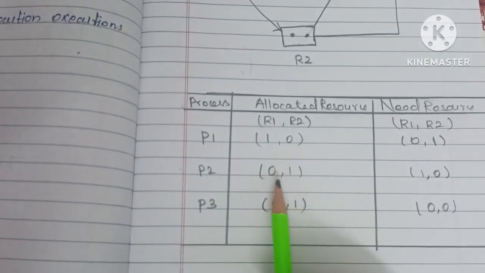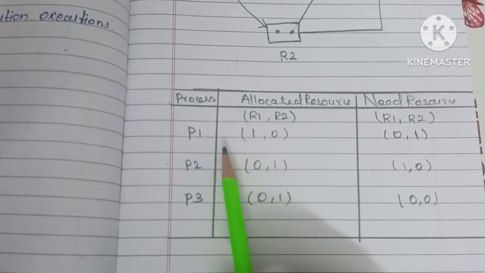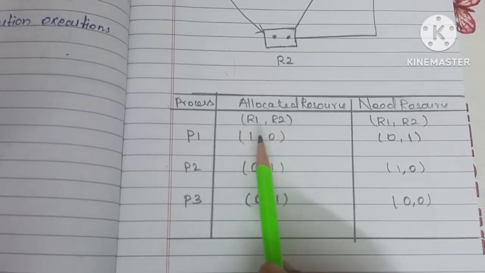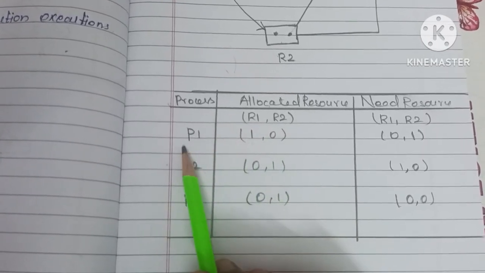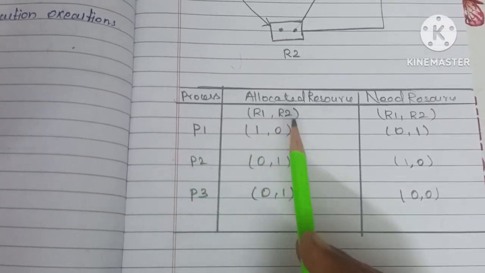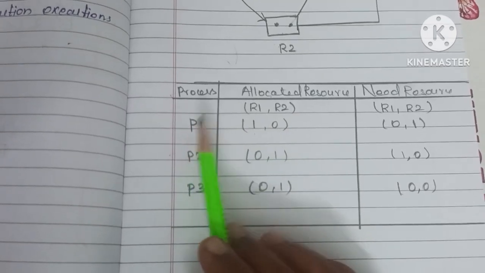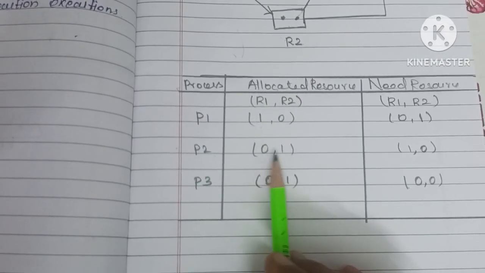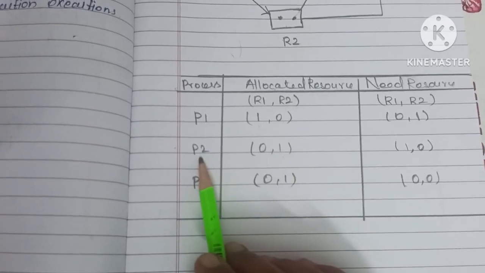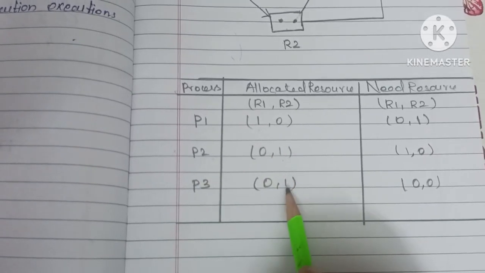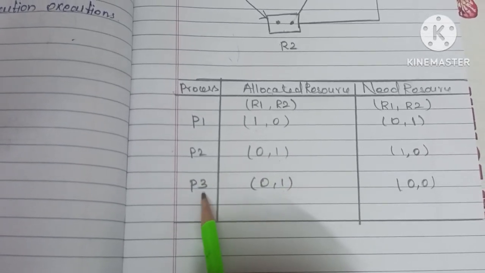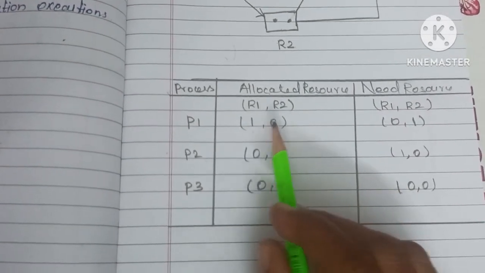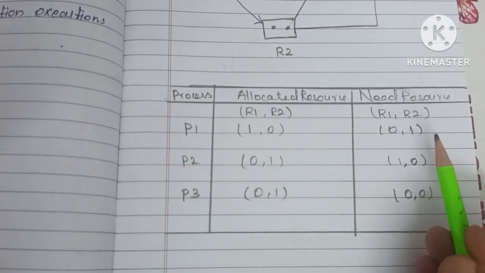The resource R1 is allocated to the process P1, R2 is not allocated to process P1, and the resource R2 is allocated to the process P2. Also the resource R2 is allocated to the process P3. These are all the allocated resources for the particular processes.